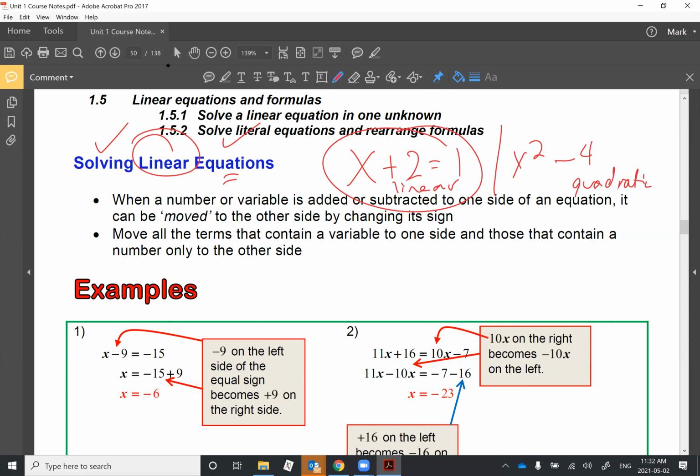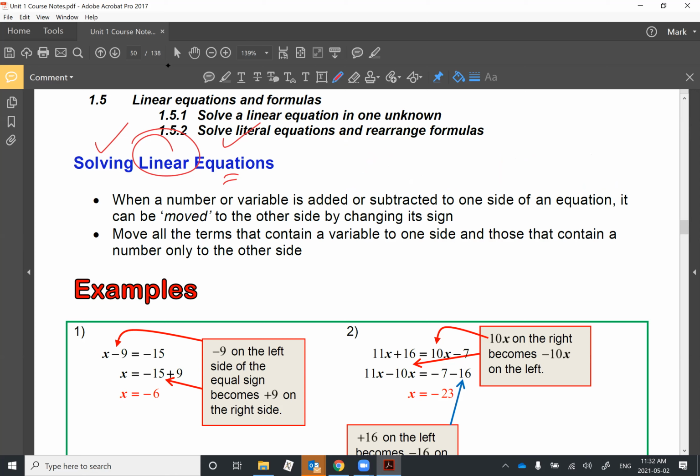If you graph a quadratic or a cubic or something else, it might make a different shape. So they're called linear equations because it's always the variable to the power of 1, which is good, makes it easier. And if you graph that equation, it would make a straight line. So let me get rid of this.